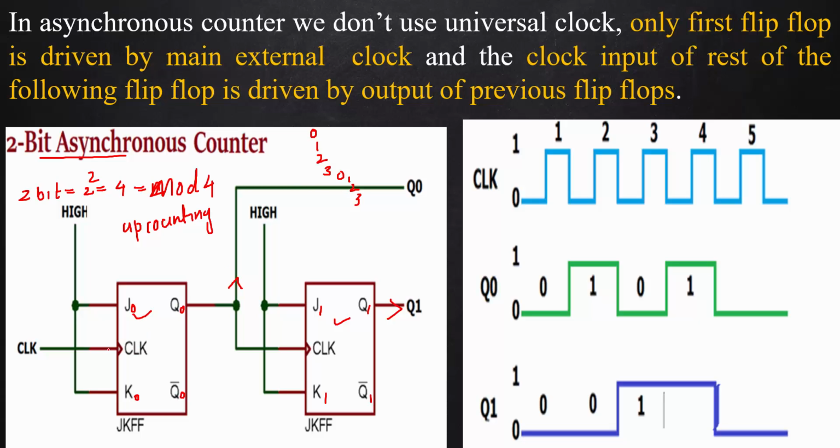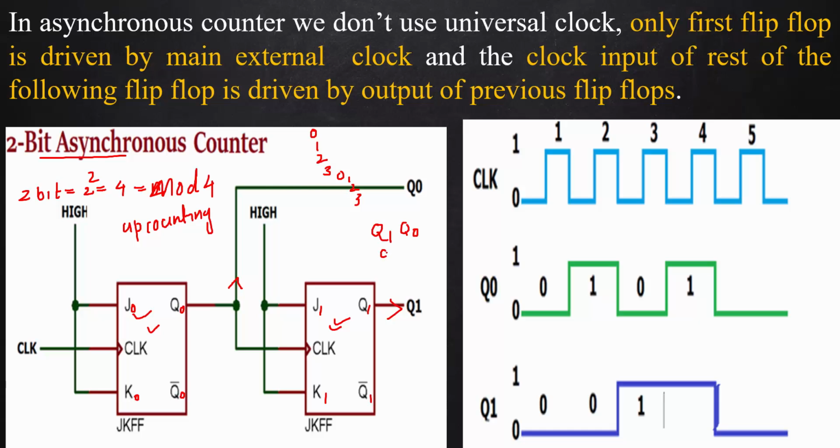Which flip-flop is connected with the external clock pulse, that flip-flop is going to generate the LSB of your binary pattern. So the output is in the form Q1, Q0, because Q0 is generated by this flip-flop, which is connected with the clock, and its next bit is generated by this one. That is why Q1, Q0.